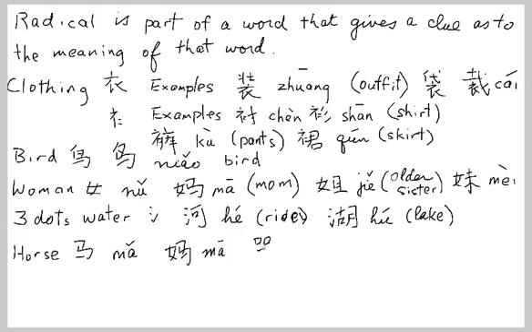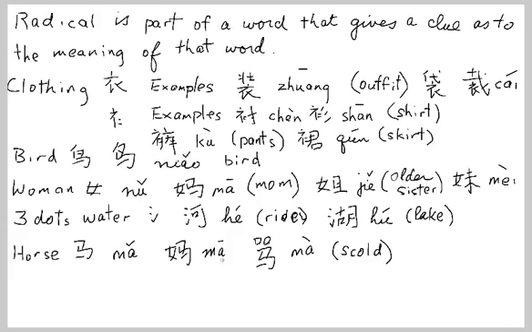And then you have a horse underneath. Now, in this character, it doesn't have anything to do with horse, but its pronunciation is also ma, and it's pronounced ma in the fourth tone, and it means to scold.